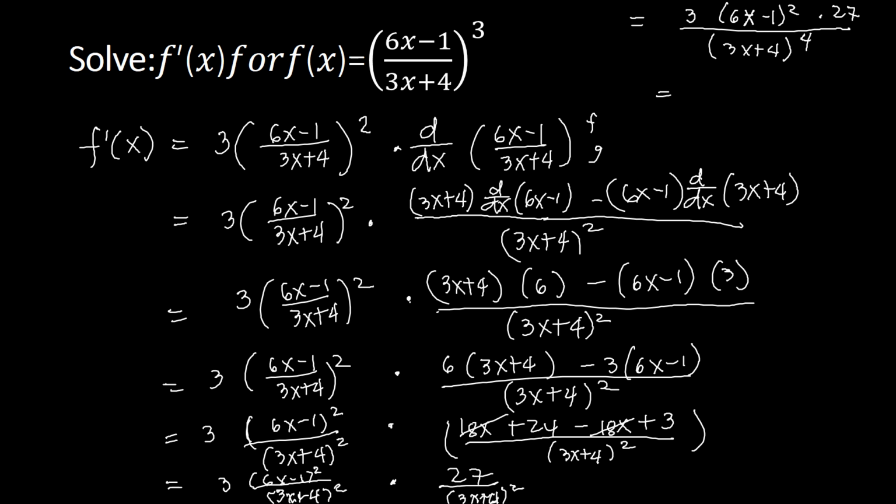Then we have 3 times 27, that will be 81, times 6x minus 1 raised to the power of 2 over 3x plus 4 raised to the power of 4. That may be your final answer for this one. Or you may expand 6x minus 1 squared if you want to, but that would be a lot of work, so we can stop there.